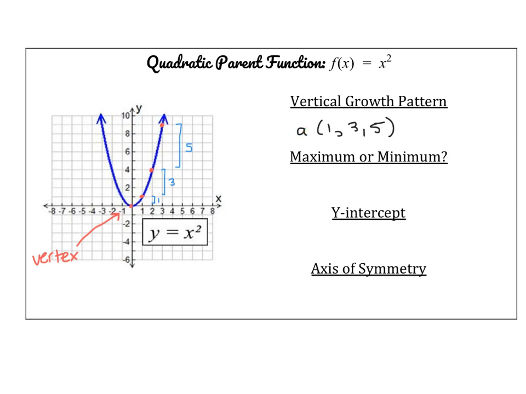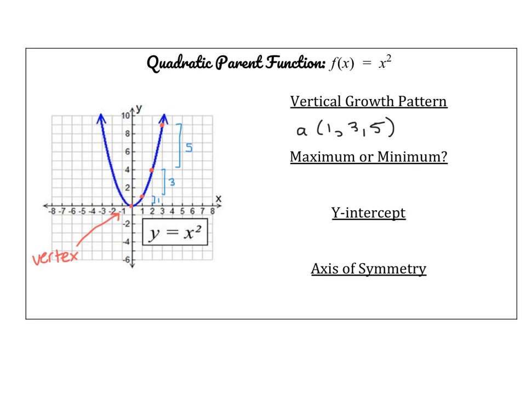Instead of having a growth pattern of 1, 3, 5, you multiply it, so it would be 2, 6, 10. So again, you can apply this same growth pattern of 1, 3, 5, 7, 9, and so on, and you can adjust it for any a value, and it helps you find the next point. So once you have the vertex, you can just use your growth pattern to graph the rest of your function.